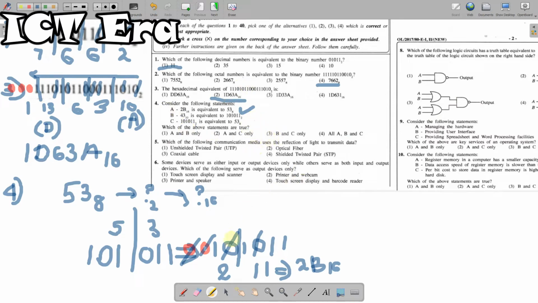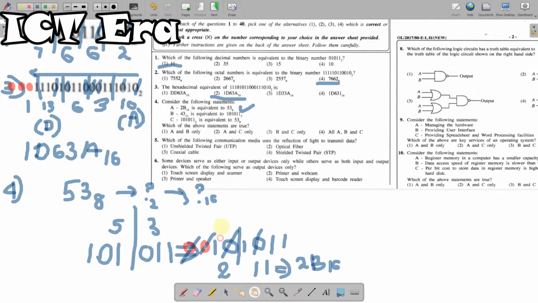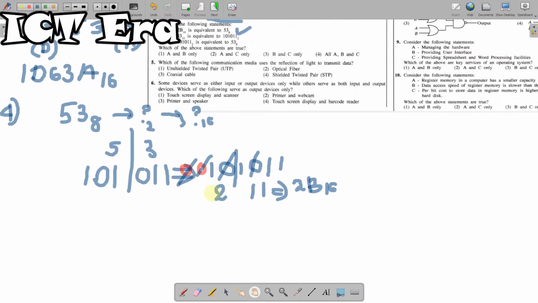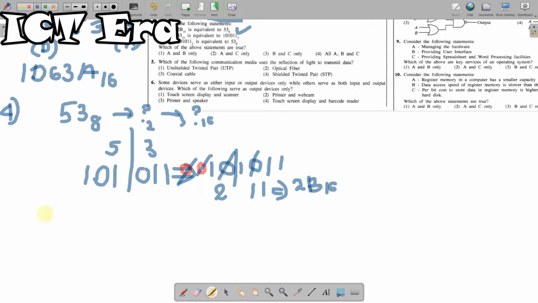So in here let's convert binary into decimal. Okay, let's start here: 1 0 1 0 1 1. 2 to the power 0, 2 to the power 1, 2 to the power 2, 2 to the power 3, 2 to the power 4, here 2 to the power 5.